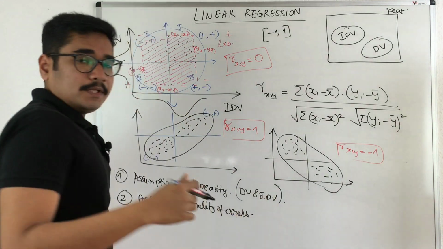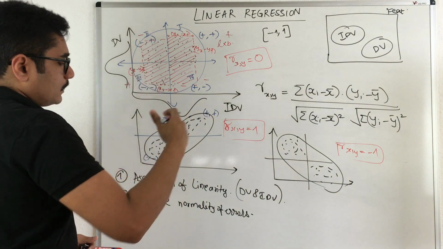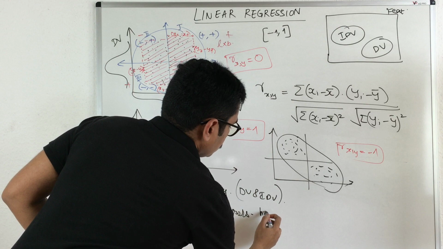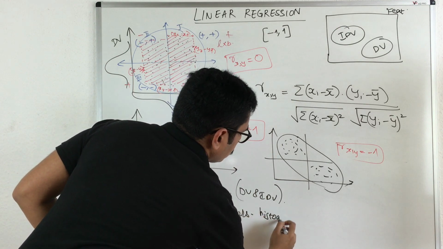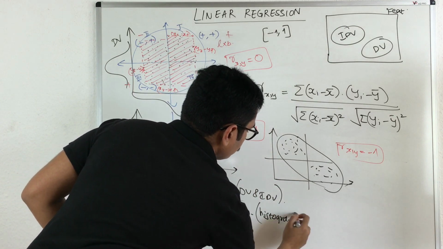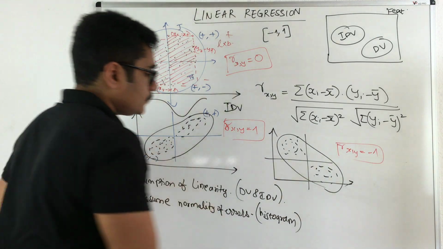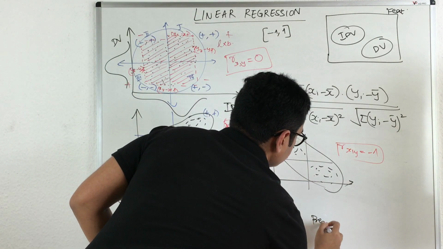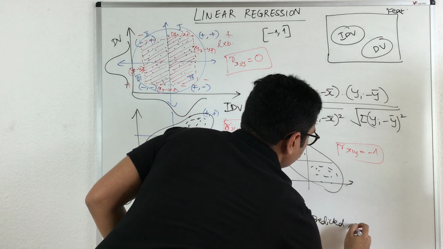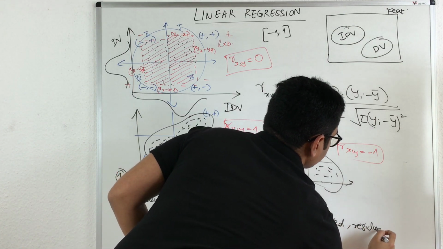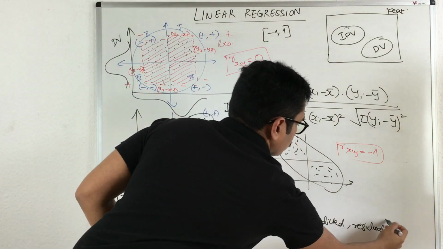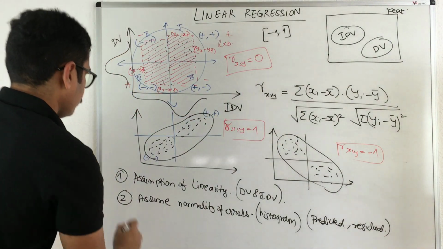So there should be a normal distribution of these errors. This normal distribution can be modeled by, say, histograms, or you can also plot a curve between your predicted values and your residual values. That is nothing but your regression error versus your sum of squared errors.